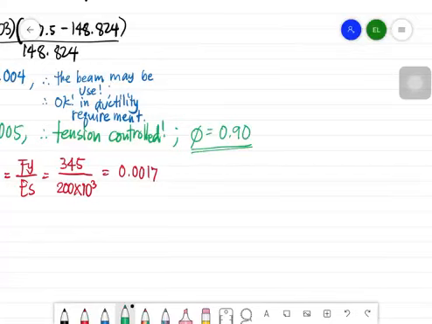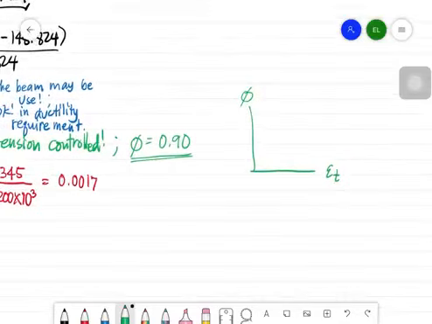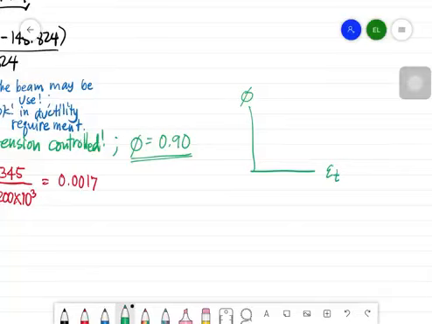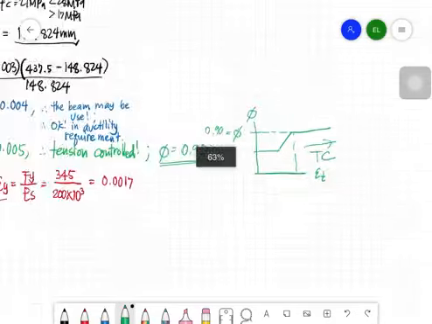We already know that from the diagram we drew last time, strain T versus phi factor. Everything in this portion is tension controlled, and phi there is 0.9. So just review our previous discussion about reduction factor.